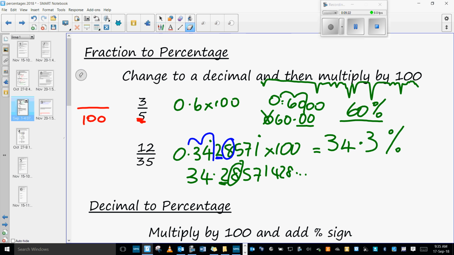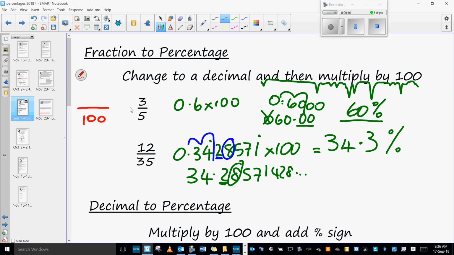So we all know about equivalent fractions, that we can change this fraction to a different fraction by multiplying the top and the bottom both by the same number. So I could change this to 30 over 50, or 6 over 10. All of these are what we call equivalent fractions.